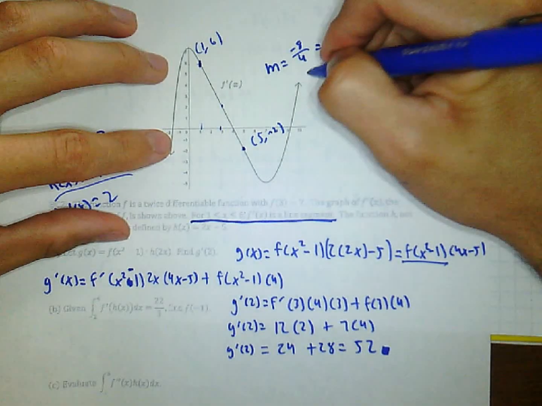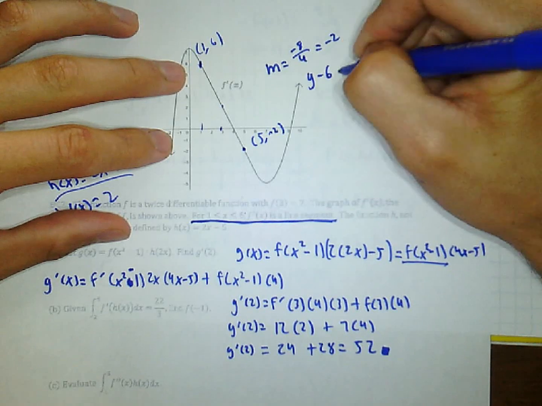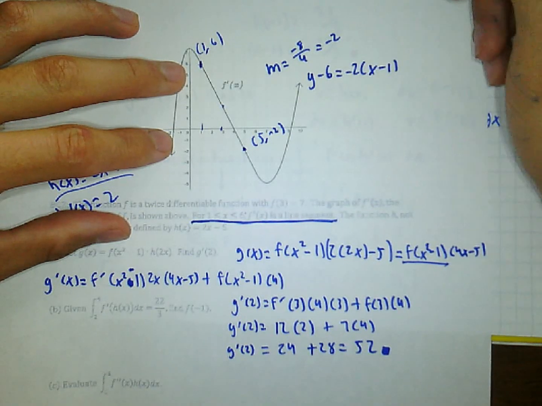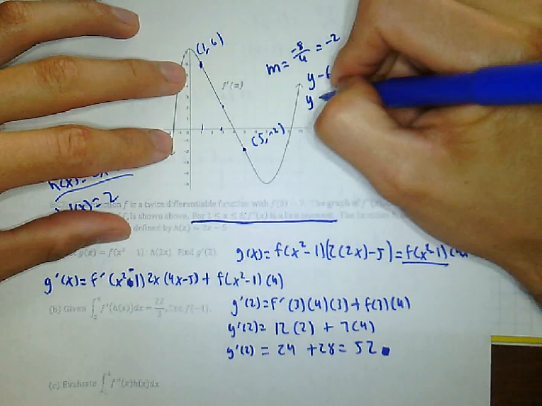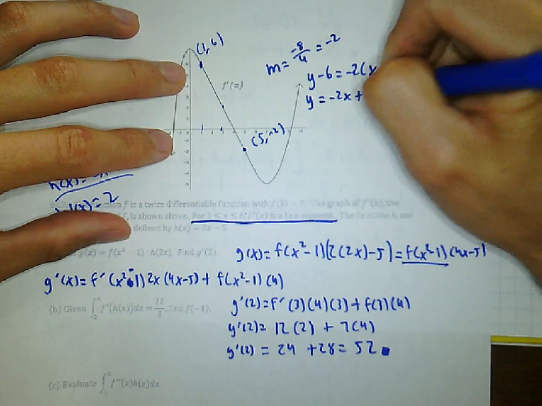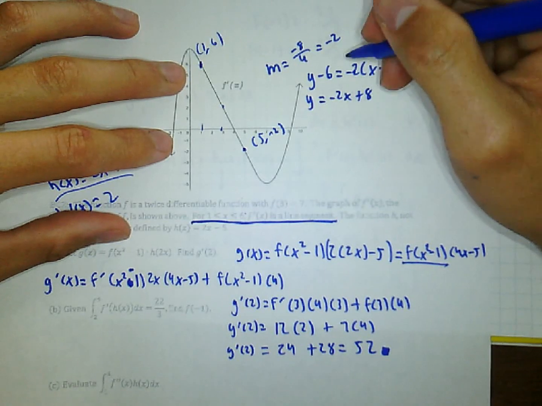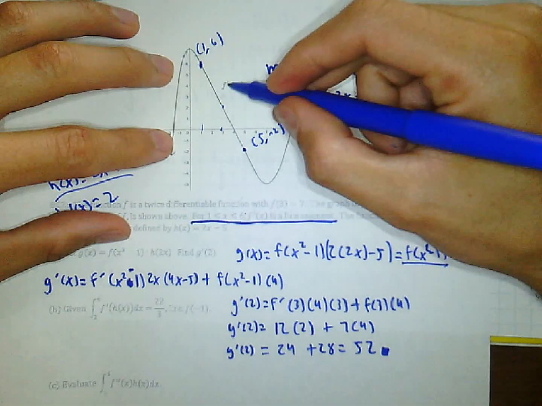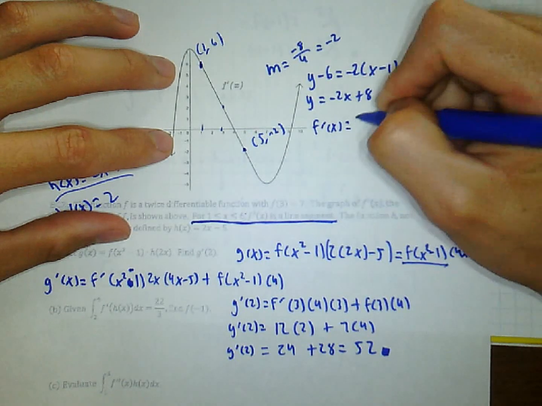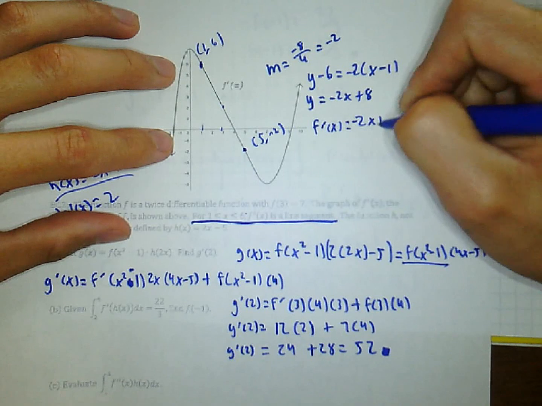I can say y minus 6 is equal to negative 2 times (x minus 1), which if I clean it up is y equals negative 2x plus 8. Here's what that means then: the graph from here to here, that means that f prime of x is equal to negative 2x plus 8.